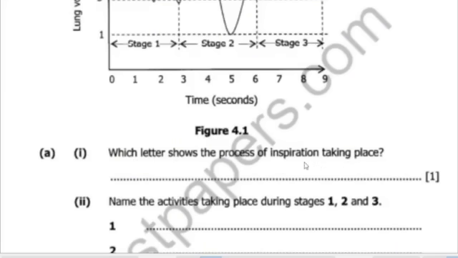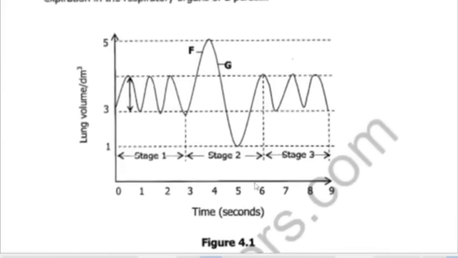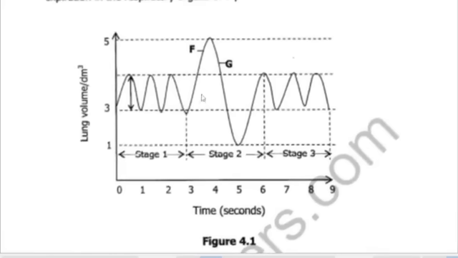So they want us to identify the letter that is showing the process of inspiration taking place, and we know that inspiration is the process of taking in what? Air. So in order for us to answer this question, we have to come back to our diagram right here. So we have letter F and letter G. So which of these two letters is showing the process of inspiration taking in?